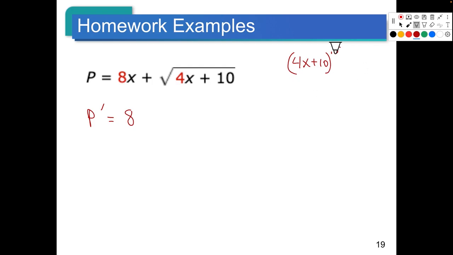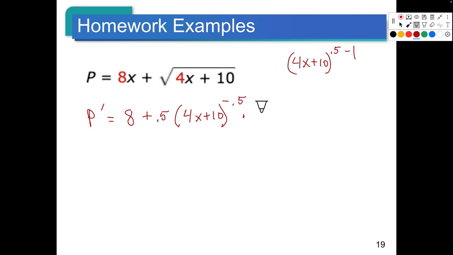And so how do we take this derivative? The 0.5 comes down in front. The inside stuff stays there, 4x plus 10. We subtract 1 from the exponent, right? So that's now going to be negative 0.5.